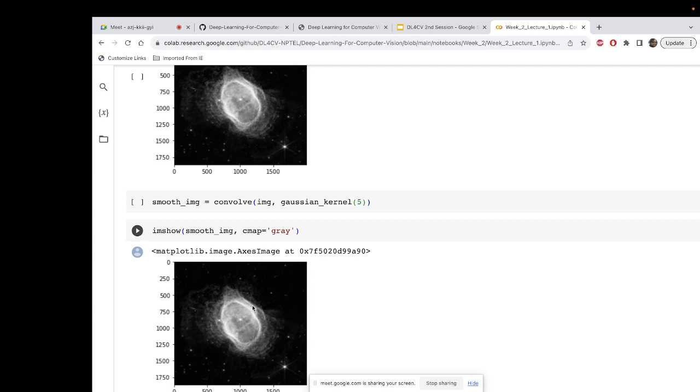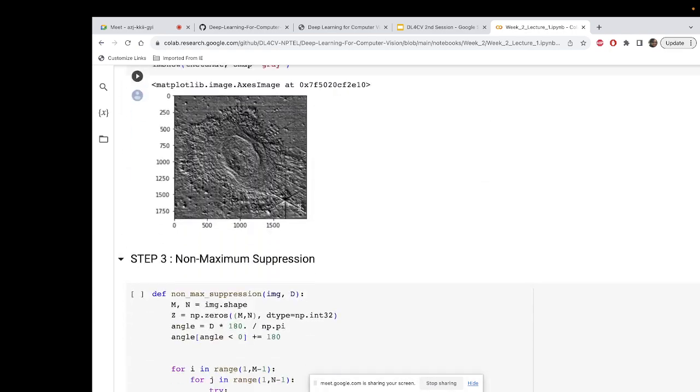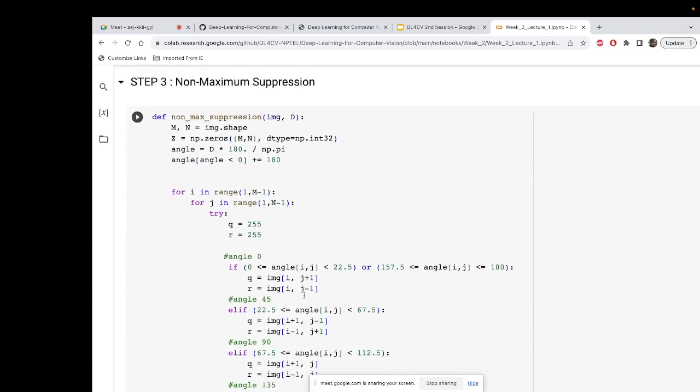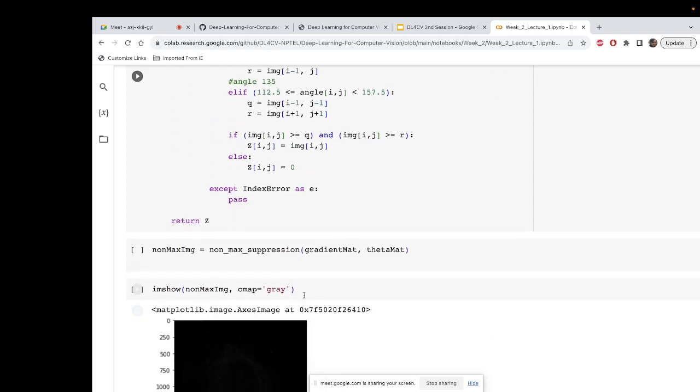So there will be multiple lines of pixels that will be detected as the edges here, but I need to actually only detect maybe 1 or 2 lines out of them. So this I will do using the non-maximum suppression. I will select pixels out of a neighborhood where the pixel is the strongest one to carry the edge information.